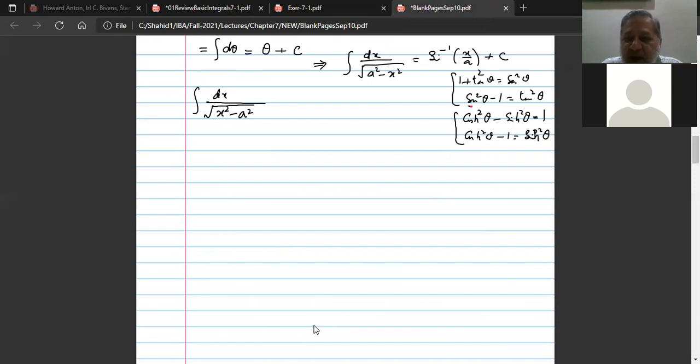Now, why do I say that these are the two leads? Because here the variable is squared minus constant square. For these reasons, I select this path and try what happens.